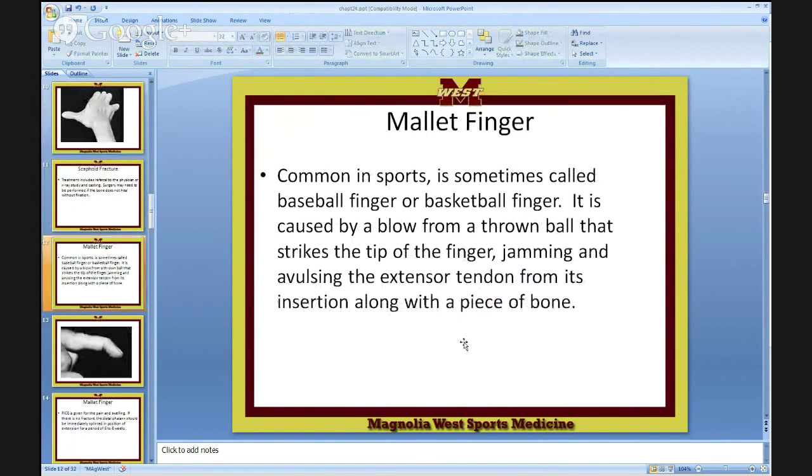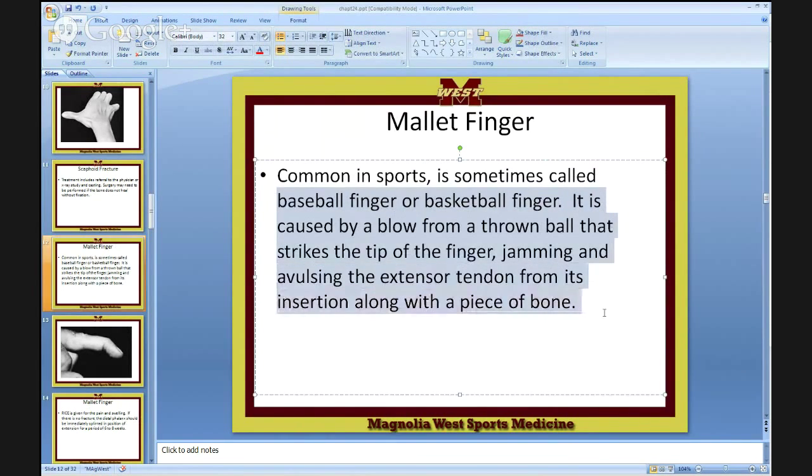Mallet finger is common in sports and is sometimes called baseball or basketball finger. All right. You need to note that whole slide right there. Can you regurgitate that? Caused by a blow from a thrown ball that strikes the tip of the finger, jamming and opposing the extensor tendon from its insertion along with a piece of bone.